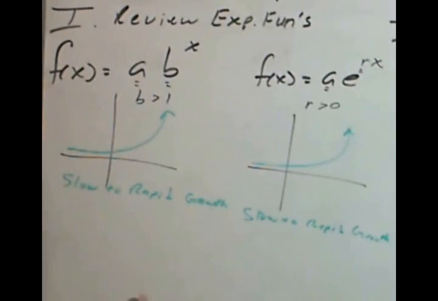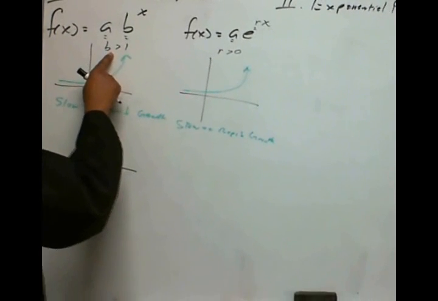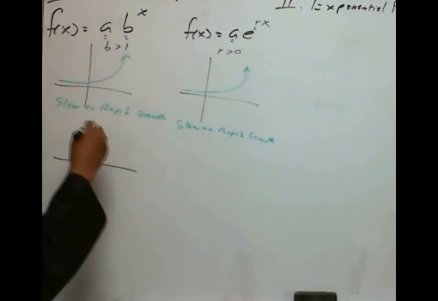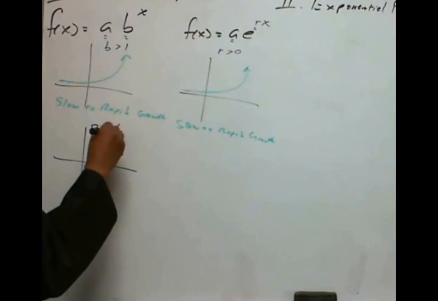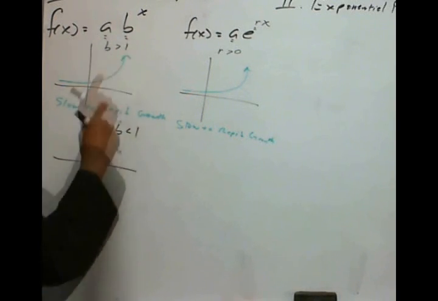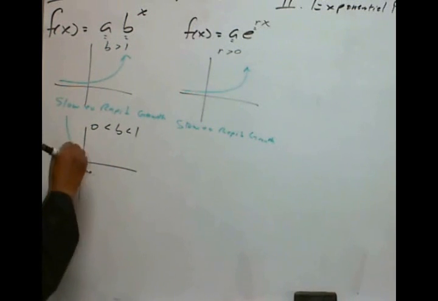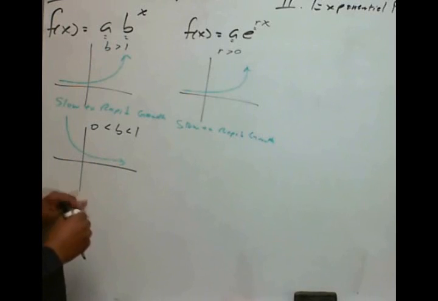Okay, now, what would happen if the b here was between 0 and 1? If b, the base here in this form, was between 0 and 1, you would have rapid to slow decay.